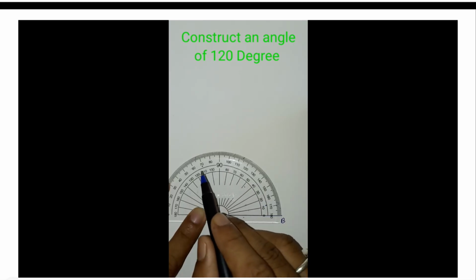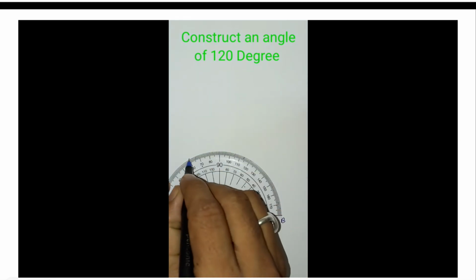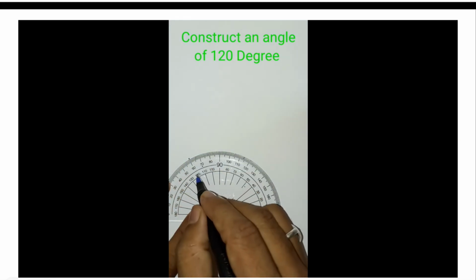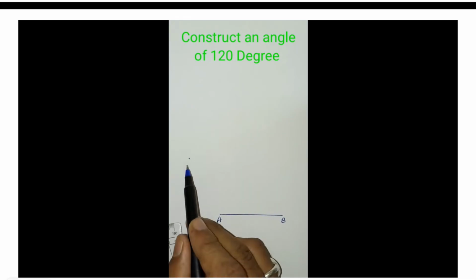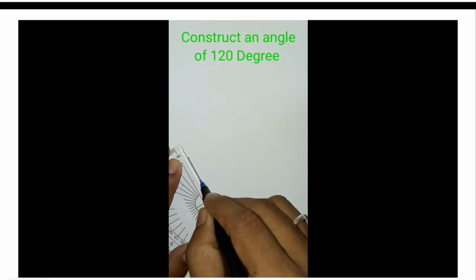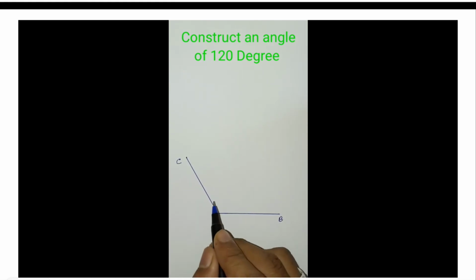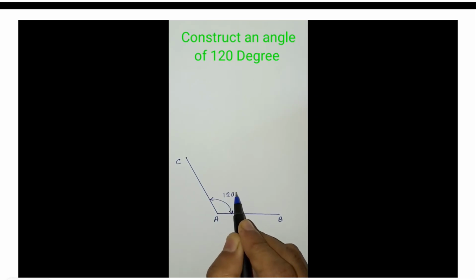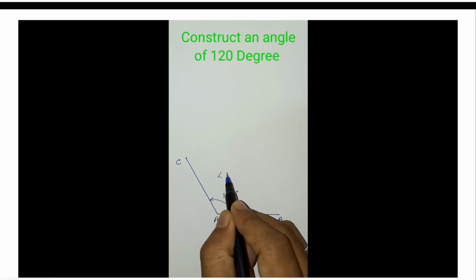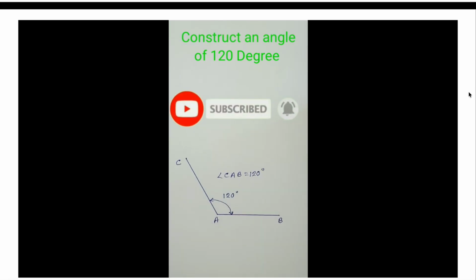We're going to go past 90 because it is obtuse. We'll mark that on the outside edge of the protractor. We'll connect our vertex to that point. We can label this also C. And this is angle CAB, and it is 120 degrees. Awesome.